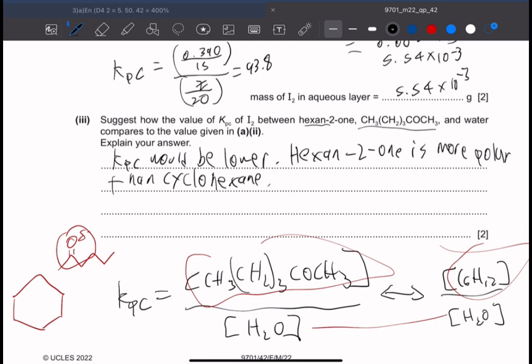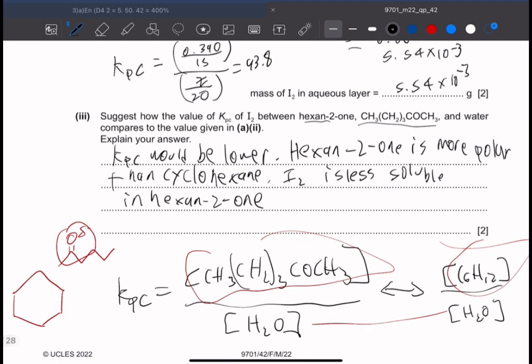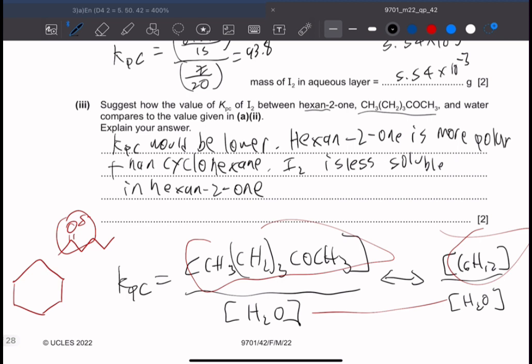So iodine is obviously less soluble in hexan-2-one. All right, I guess time to move on to the next question.